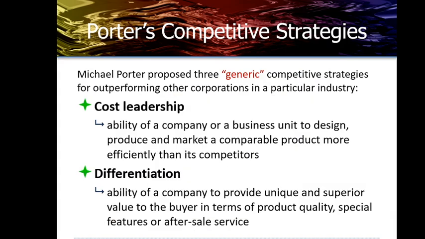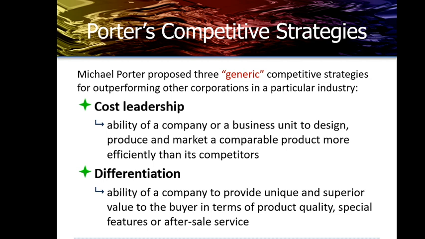Now, based on those two questions, we can say that Porter developed three generic competitive strategies, as we can see here. The first strategy is cost leadership, and all of you know that if a company has a cost leadership strategy, then it is competing in terms of price.